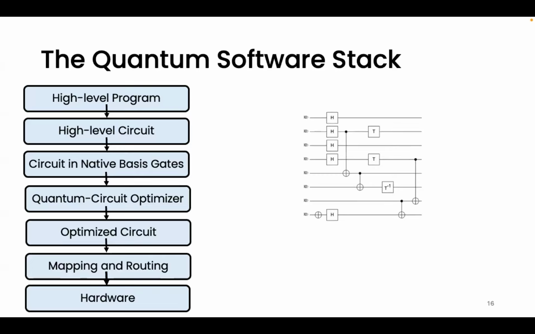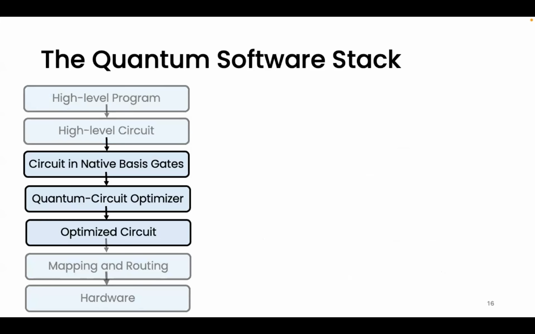Finally, we have physical connectivity constraints on our device that tell us what pairs of qubits we can perform gates between. This is solved by the mapping and routing phase, which produces a circuit that we can actually execute on our device. Now I'm going to hand it over to Amanda, who's going to talk about this middle phase of circuit optimization.